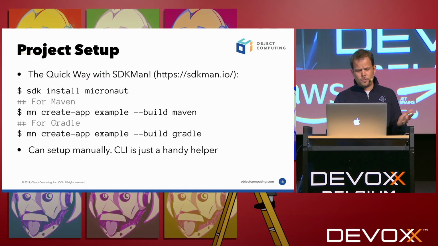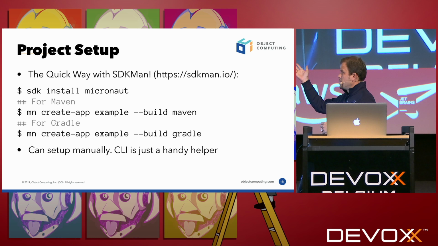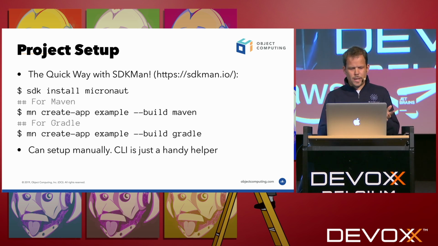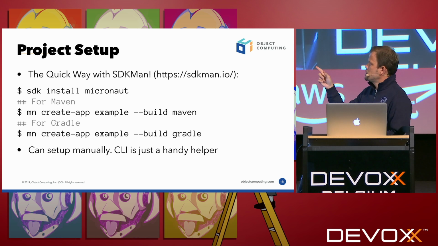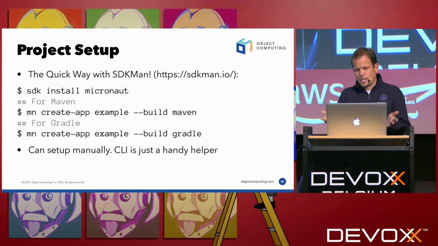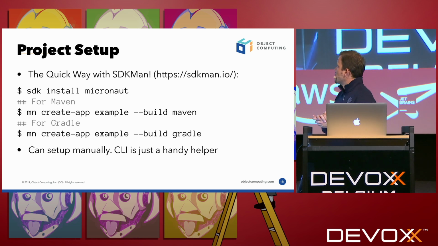If you want to get going quicker, so you don't have to manually create your build file, we do have a command line interface. It's available via SDKMAN. So within a bash shell, for example, you can type sdk install micronaut, and that provides an mn command, and you can do create-app and then the name of your app, in this case example, and you can specify what kind of build you want, whether it be Maven or Gradle.